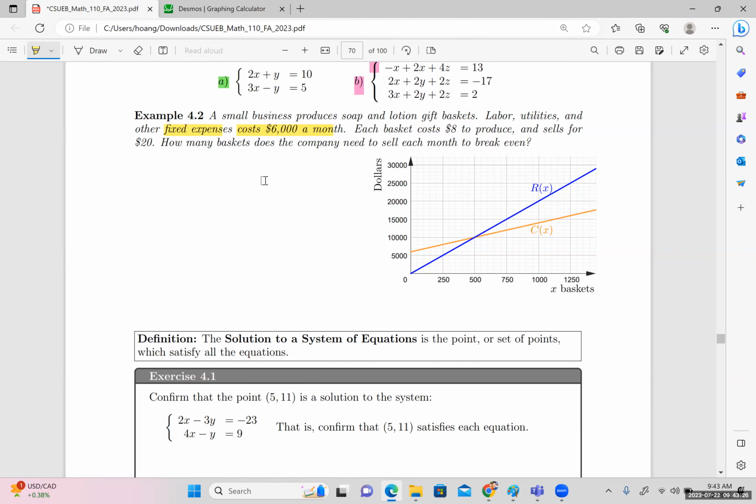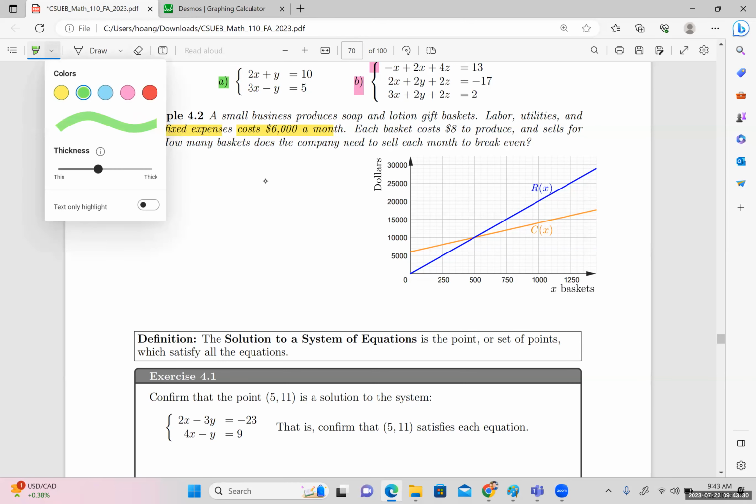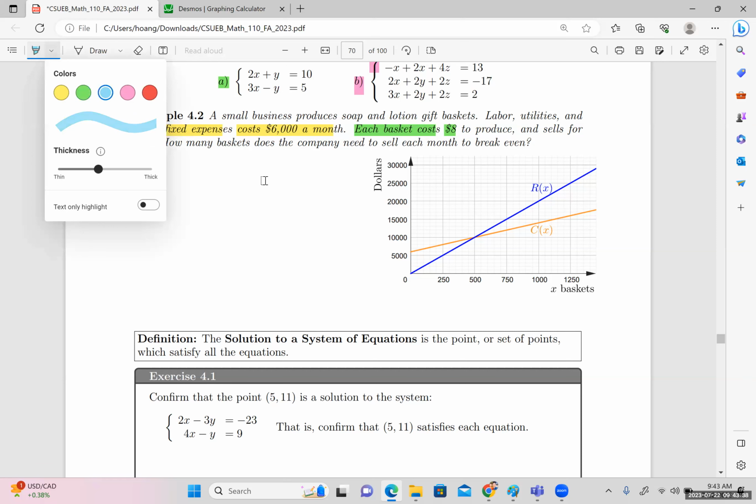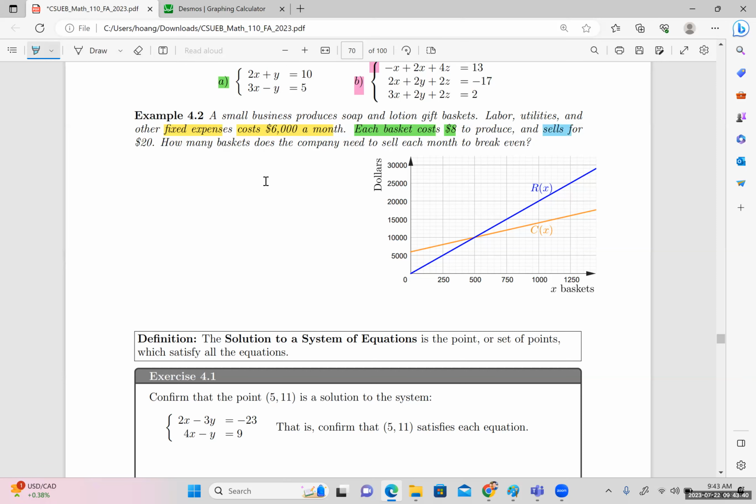So this is a fixed cost. Each basket costs about $8 to produce, and we decide to sell it for $20. So the price P will be equal to $20.